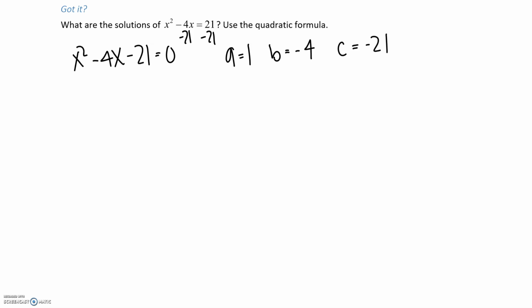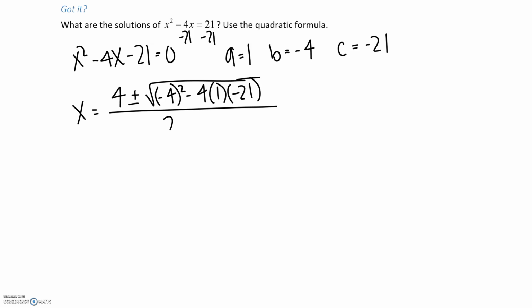So we are going to have x equals the opposite of our b. So the opposite of our b is just 4, plus or minus the square root of b squared, so negative 4 squared, minus 4 times a, which is 1, and c, which is negative 21, all over 2 times our a, which is 1.